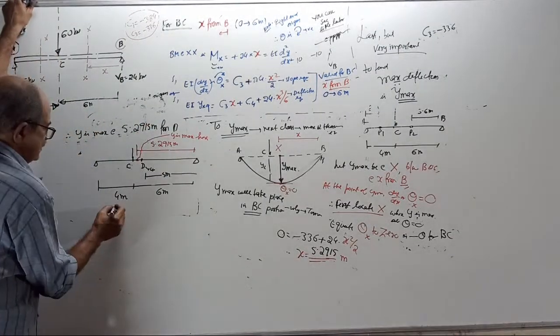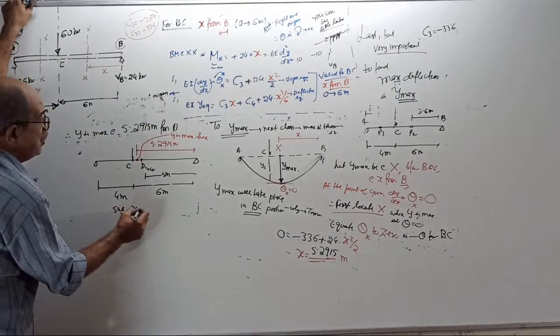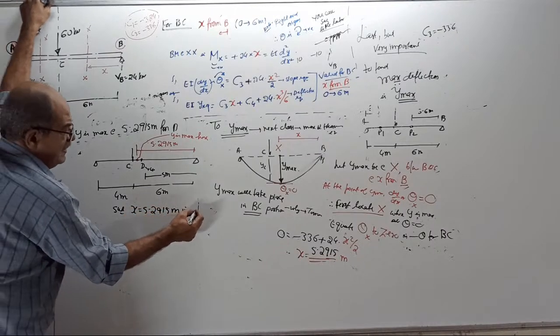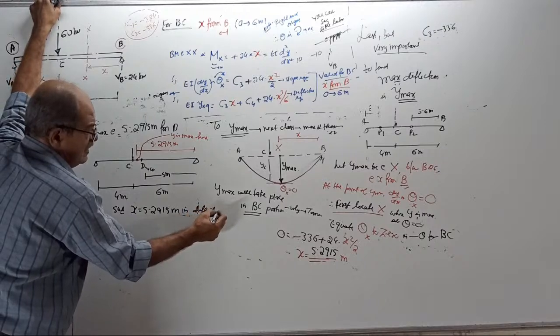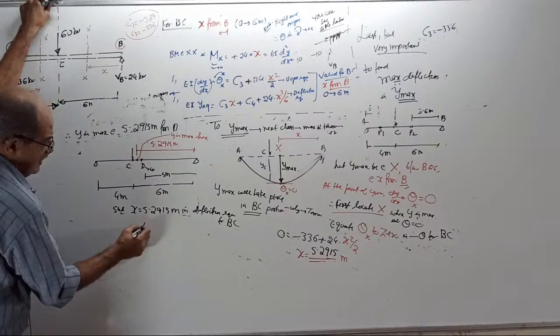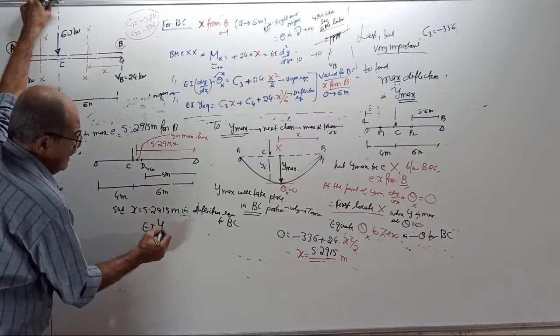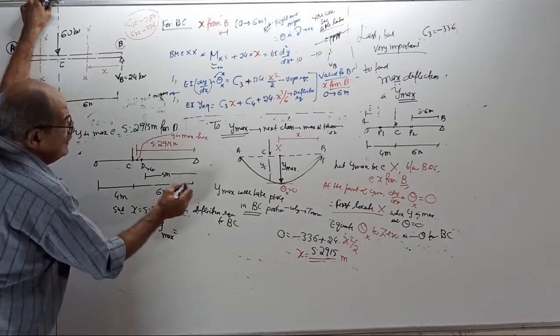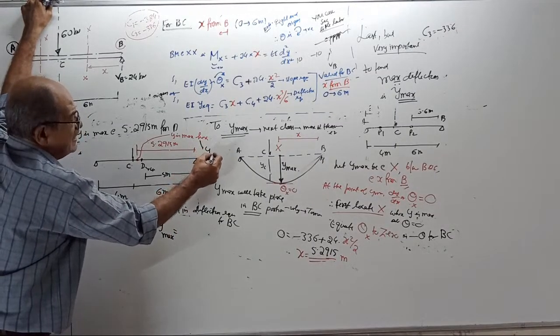Start now. Substitute x equal to 5.2915 meter in the deflection equation for the BC portion. Start. EI y max. That y will be y max. Right?